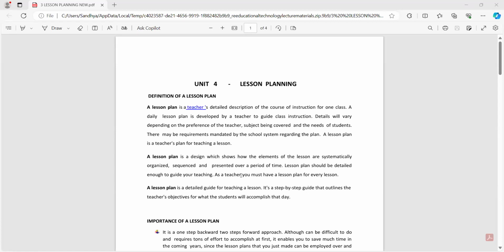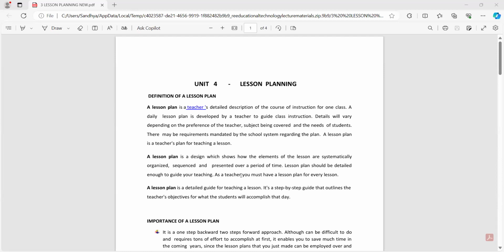According to the first definition, a lesson plan is the teacher's detailed description of the course instruction for one class. So when you have a class, you have to do a teaching, you have to write a detailed description of your teaching or instruction. So every detail is put into the lesson plan, right?